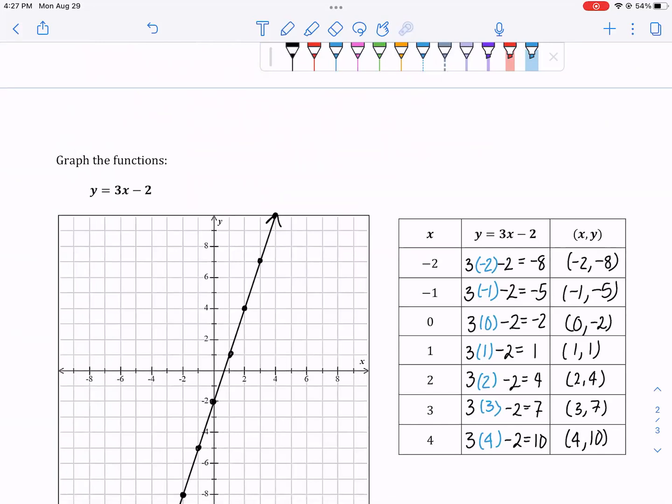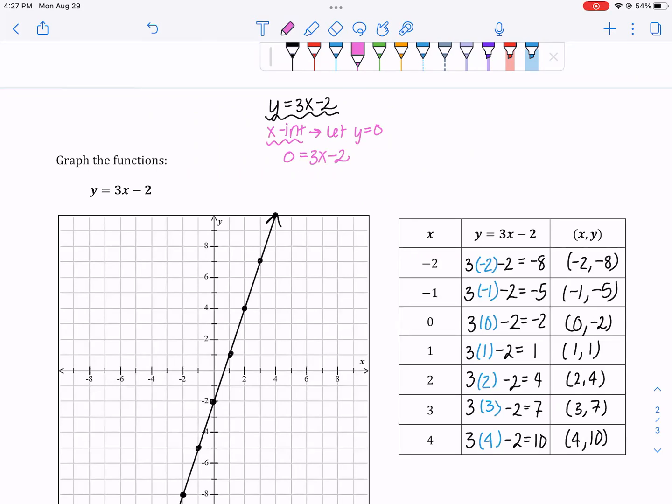So looking here at the equation, y equals 3x minus 2. For the x-intercept, we're plugging in y equal to 0. So let y equal 0. So we have 0 is equal to 3x minus 2.